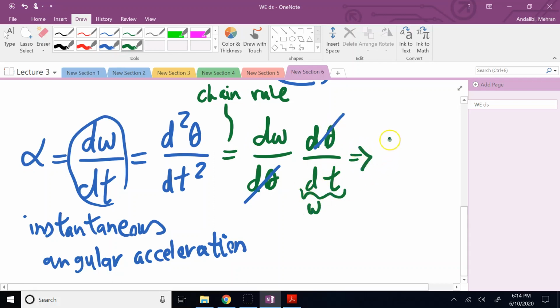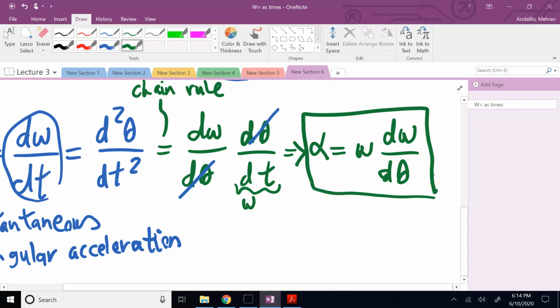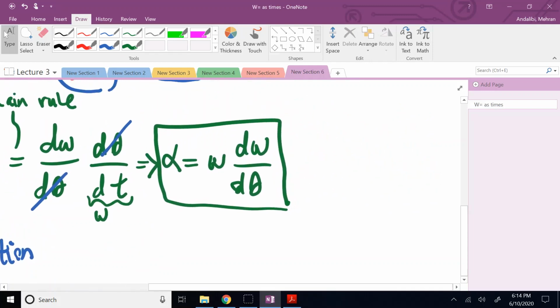So I get alpha equals omega d omega over d theta. I call it the time-independent equation because there is no time.